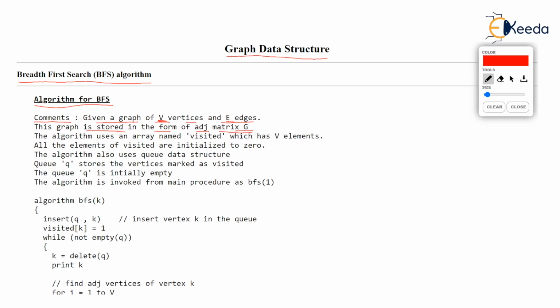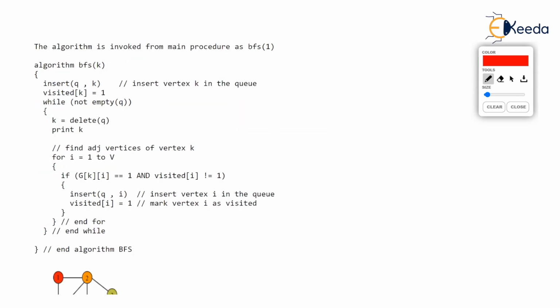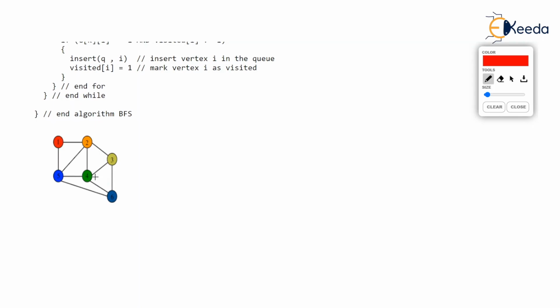So the algorithm uses the matrix G, which stores the adjacency of the graph. For this given graph, the adjacency matrix will be 6 by 6. It will contain 6 rows and the elements of the matrix will be filled either with 1 or 0 depending on the adjacency.